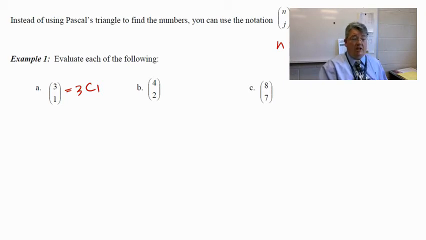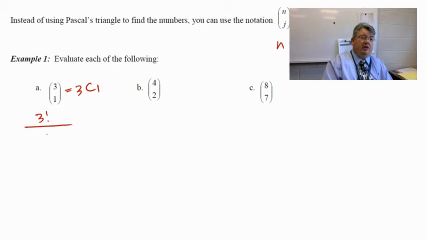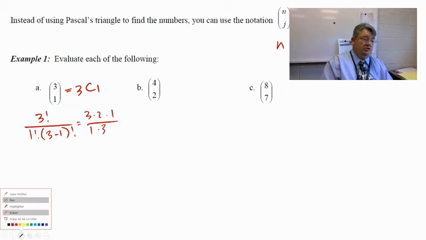And I'll show you how to enter that in a calculator. But really, you can do it with just the factorials. 3 factorial over 1 factorial times (3 minus 1) factorial. That gives me 3 times 2 times 1 all over 1 times, 3 minus 1 is 2, so that's just 2 times 1.